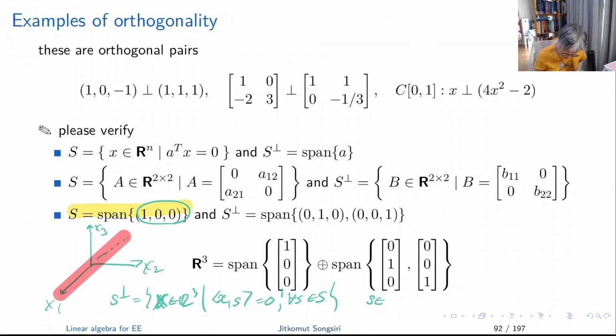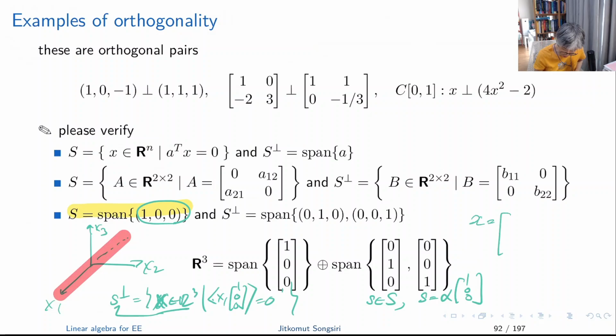If s is in the subspace S, it is just a multiple of (1, 0, 0), right? So it's enough to say here that my x would be someone whose inner product with (1, 0, 0) gives 0, right? So in this case, when you parameterize it, you see that my x, which is going to be a vector in S perp, is just that.